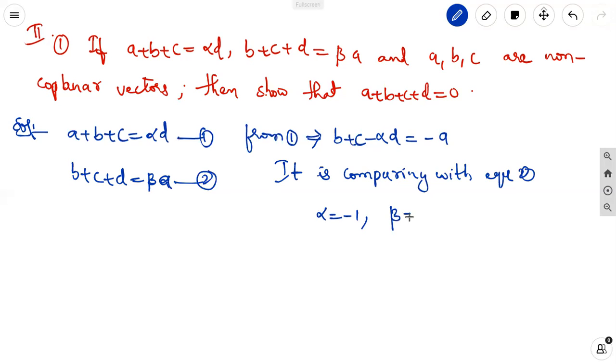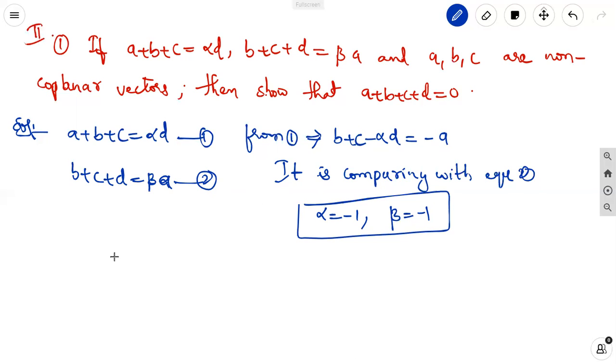In the place of beta, we take minus 1, then minus into minus, plus b. So here beta equal to minus 1, then it will be minus a. In the place of alpha, we take minus 1, then it will be plus d. So here alpha equal to 1, beta equal to minus 1, then it satisfies the second equation.